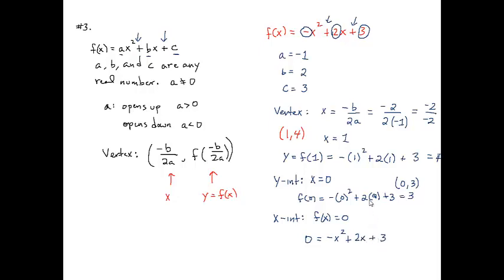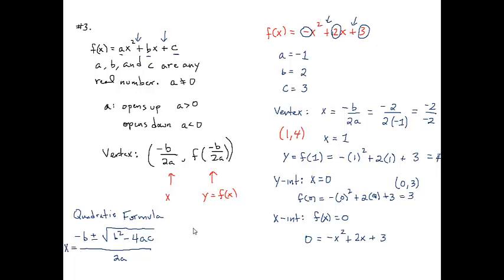Now when you remember back to your factoring days, you have two choices here. Either the quadratic formula, which is negative b plus or minus the square root of b squared minus 4 times a times c, all divided by 2a. That will give you all of your x's.